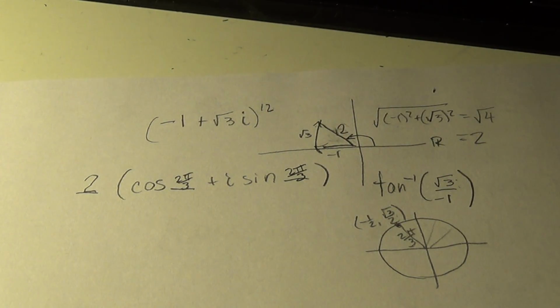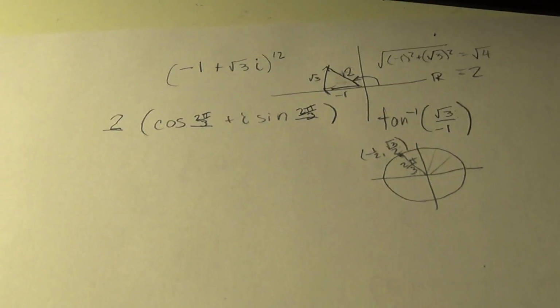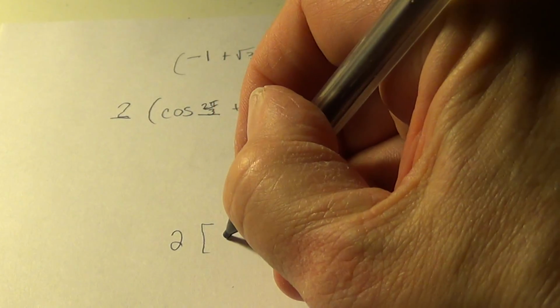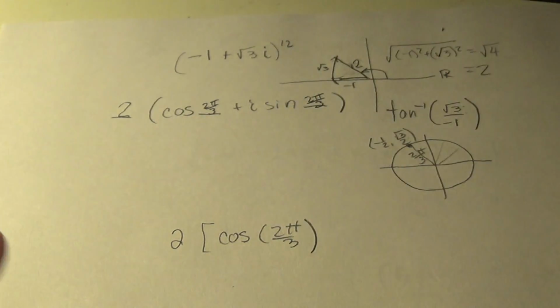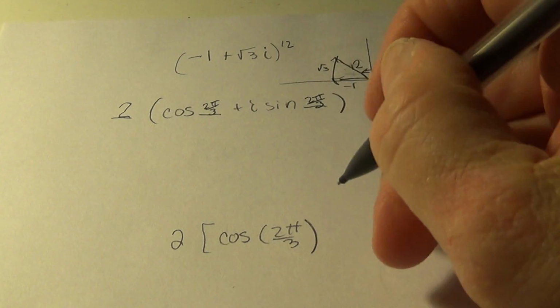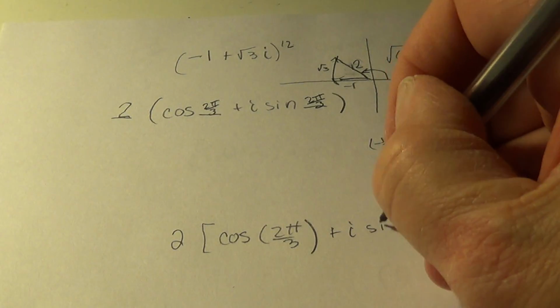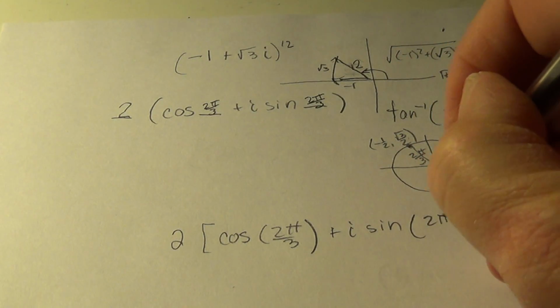So now that I have the number in trig form, let me write it clearly down here. 2 cosine 2 pi over 3 plus i sine 2 pi over 3.